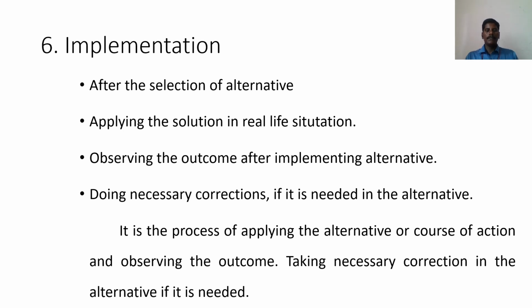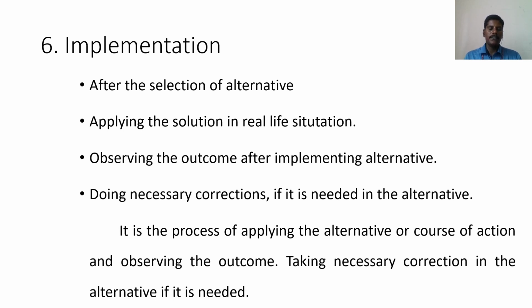The last step is implementing the solution, and we implement it in a real life situation. After implementing, we need to observe the outcome of such a solution, whether it is improving gradually or moving in the negative way. After identifying that, if anything turns out negative from our decision making, a new strategy will be implemented to overcome such problems.